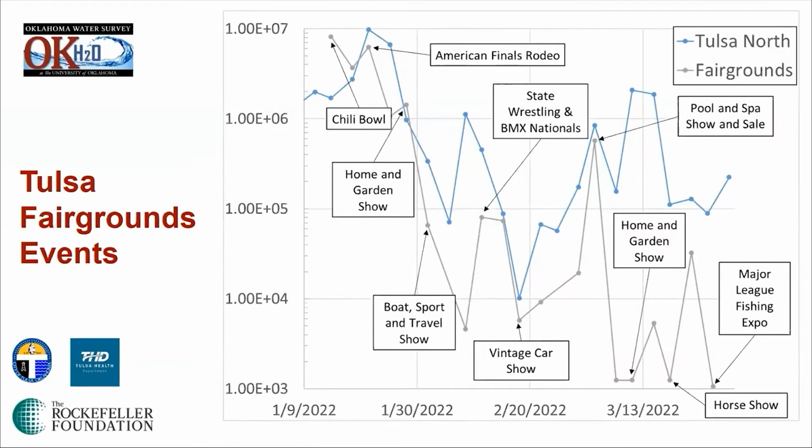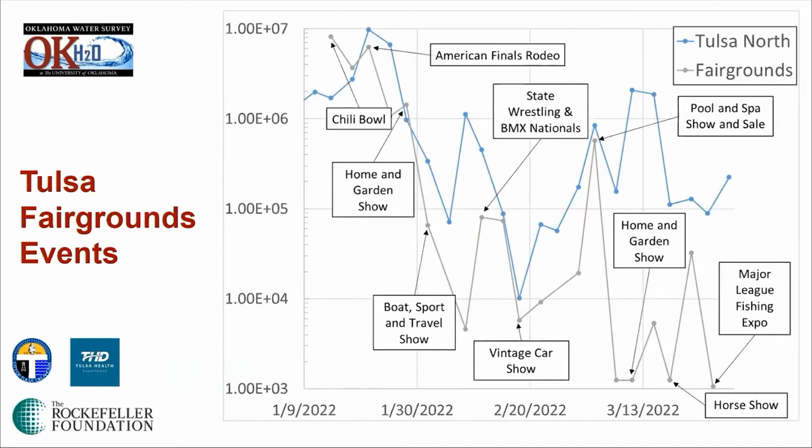The first event we looked at was the Chili Bowl, a car race, and our first event, which was in January, right at the peak of the Omicron wave, the concentration at the event center was quite a bit higher than the neighborhood around it. We were thinking, oh my, this might be really indicative of something where there's more going on at this location than there is in the surrounding community.